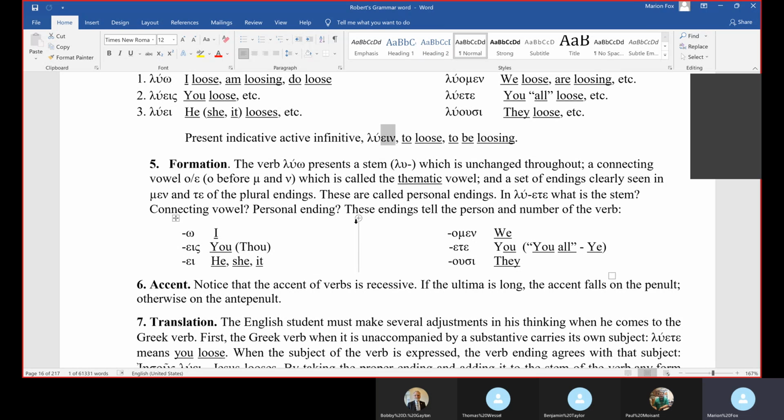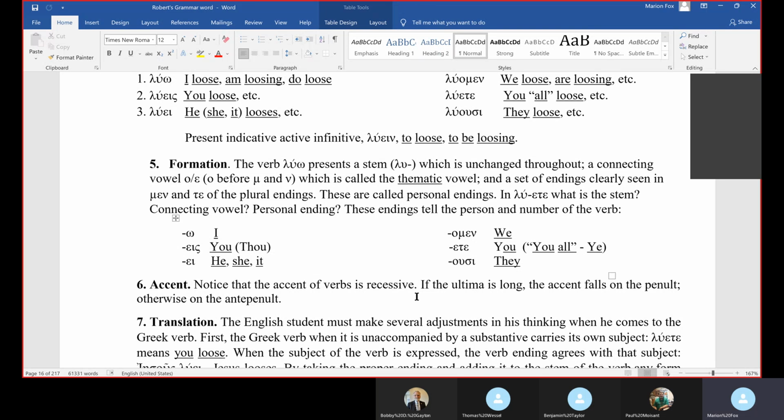All right. Now then, here's your basic pattern down below. These are your endings of the verbs that you'll see in the present indicative active voice format. All right. So the formation luo becomes a pattern for a lot of our verbs.